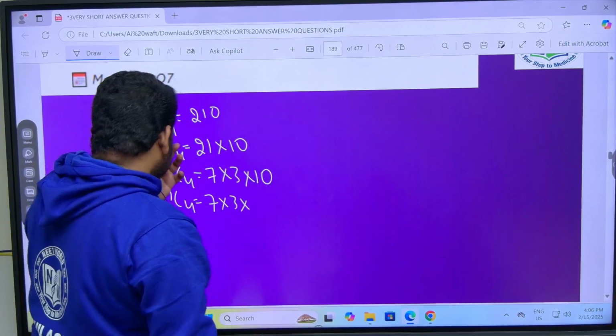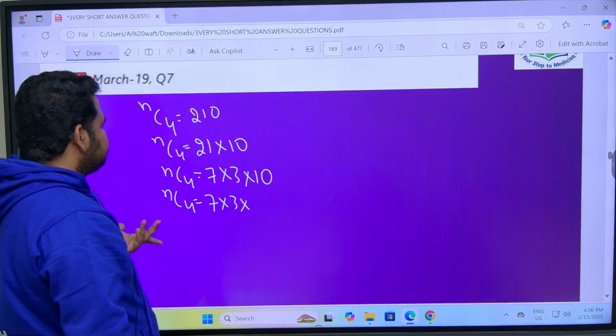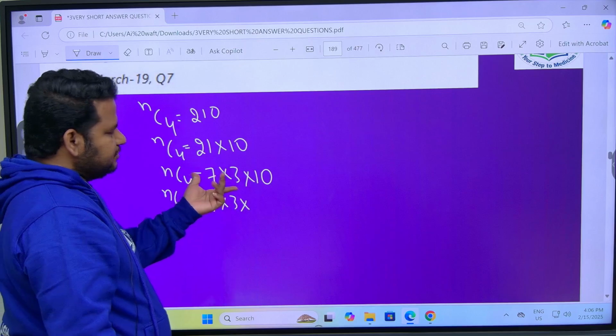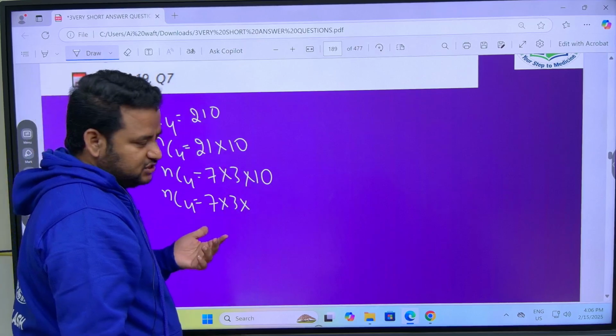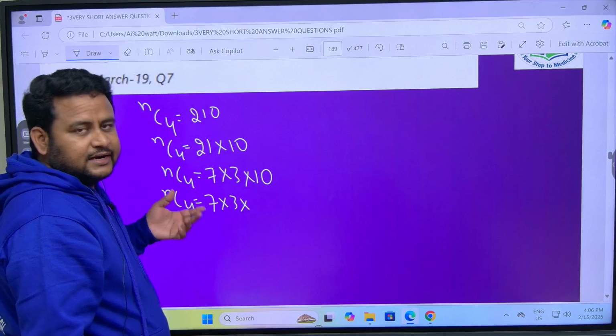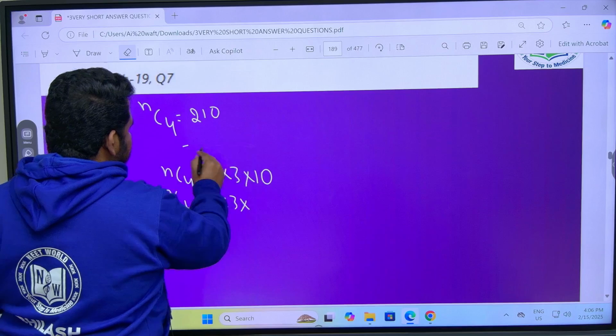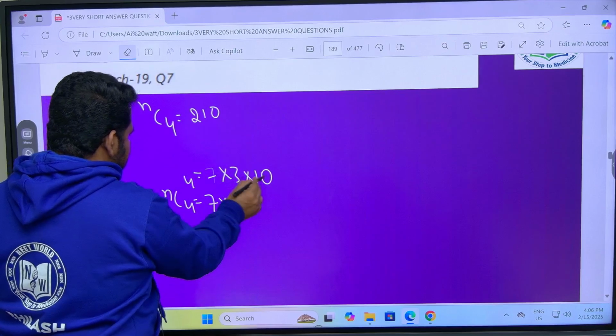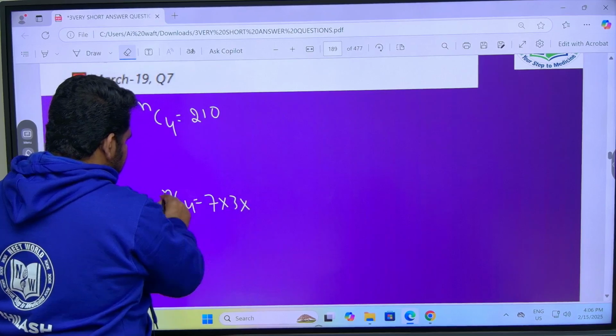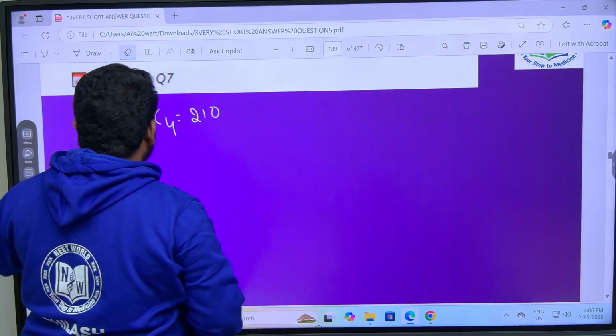Okay, this approach can be used for permutation type of questions, but for combination let us use the formula which we know.